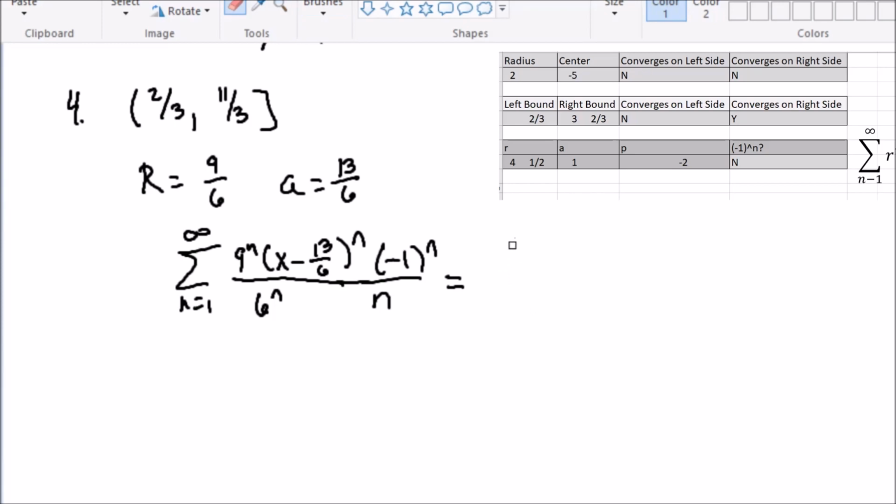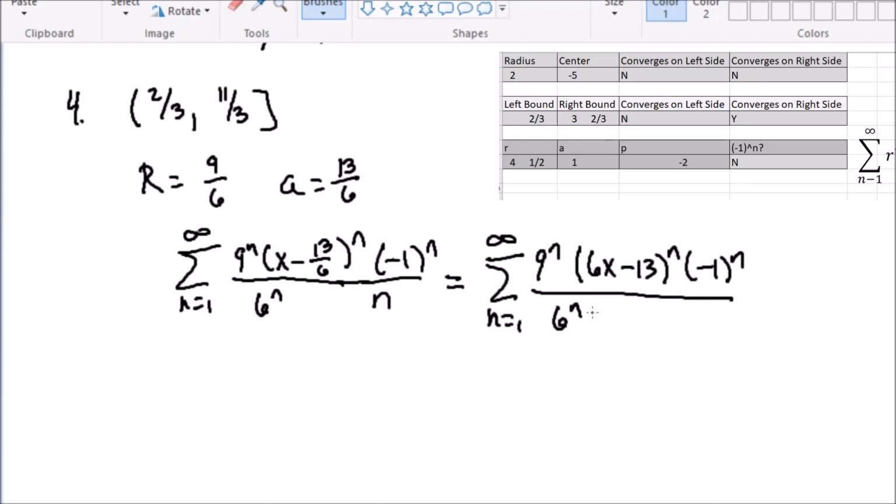Sometimes you might see this rewritten. Let's multiply. So this is going to be the sum from n equals 1 to infinity of 9 to the n. I want to multiply everything by 6 on the inside, which means I need to multiply again by an extra 6 to the n in the denominator.